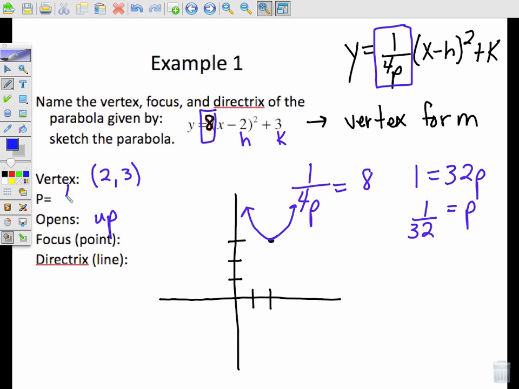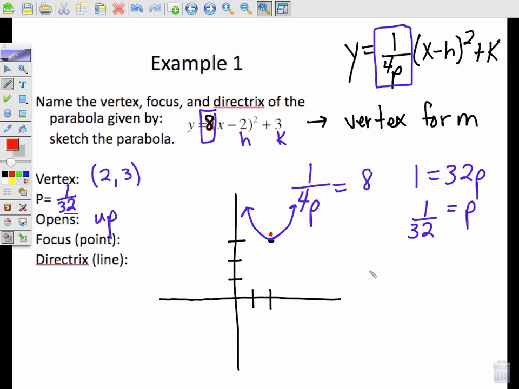So I know it's going to open up like this. My p value is 1 over 32, and what that tells me is where the focus is. So remember, the focus is on the inside here. My focus would be 1/32 distance above this vertex.